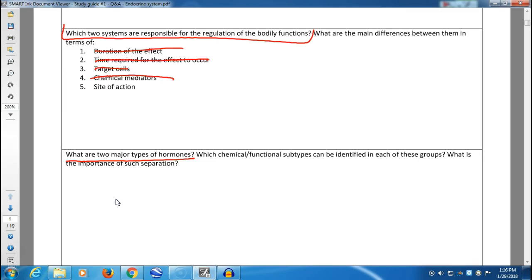We have thyroid hormone, and we have eicosanoids. Those three, okay? So, lipid, we have sterols, thyroid hormone, and eicosanoids. So, those are three types, okay?